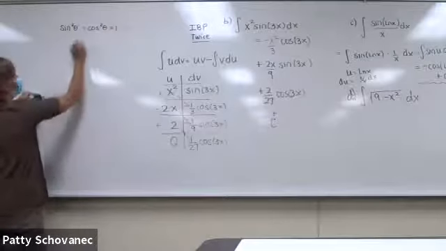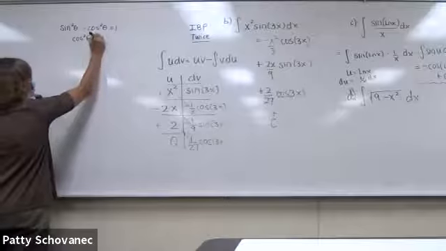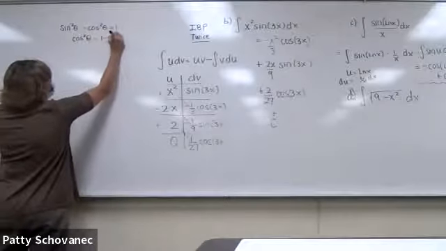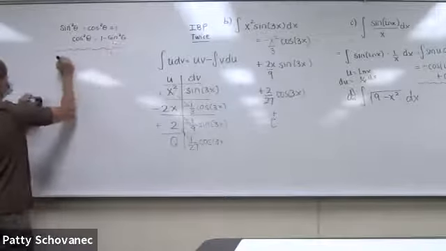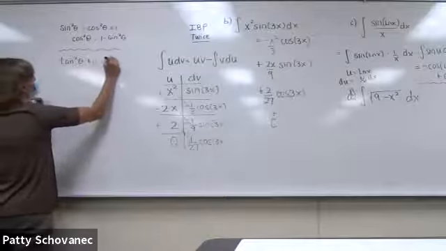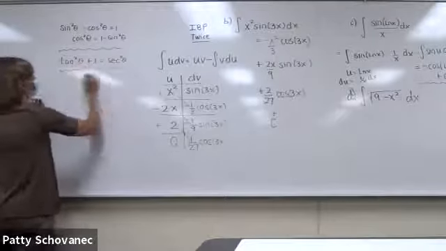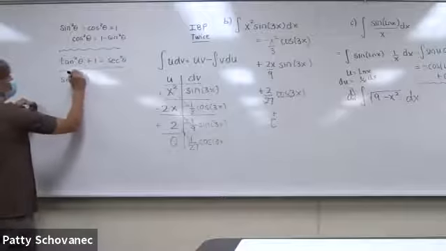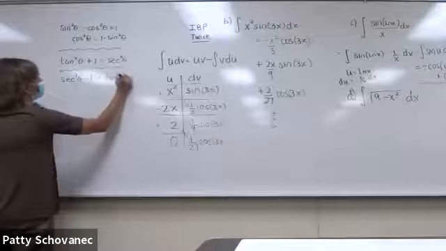And so if I solve that for cosine squared, there's one version. Then we had tan squared of theta plus 1 is secant squared of theta. And then we had secant squared of theta minus 1 is tan squared of theta.